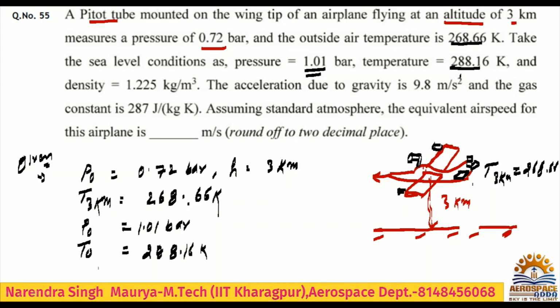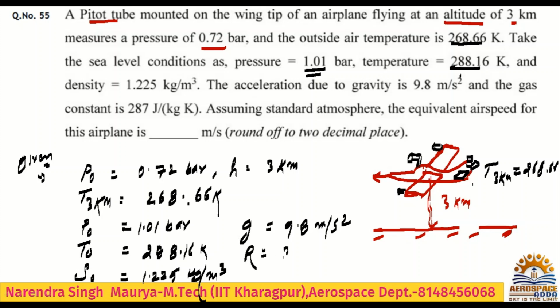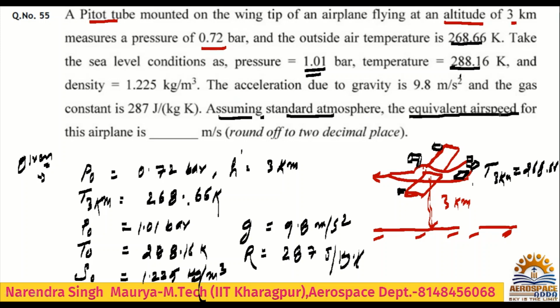Sea level density also they have given, 1.225 kg per meter cube. They have given G 9.8 meter per second square, and the gas constant R is 287 joule per kg Kelvin. Assuming standard atmosphere, they are asking equivalent airspeed, V EAS. This is the equivalent airspeed in meter per second they are asking.